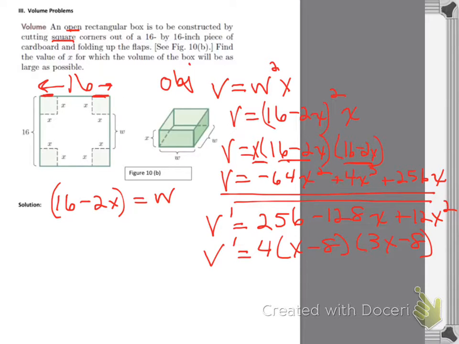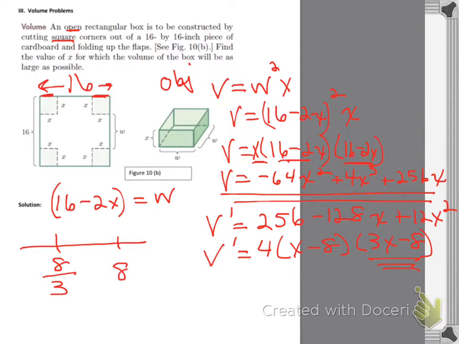So what I find is the 2 roots give me 2 critical values. So I'm going to test one critical value, which in order on the number line is going to be 8/3. I get that from my second factor right here. My other critical value is going to be 8.